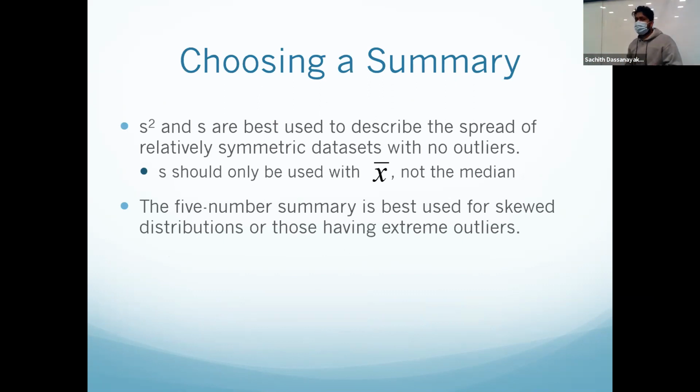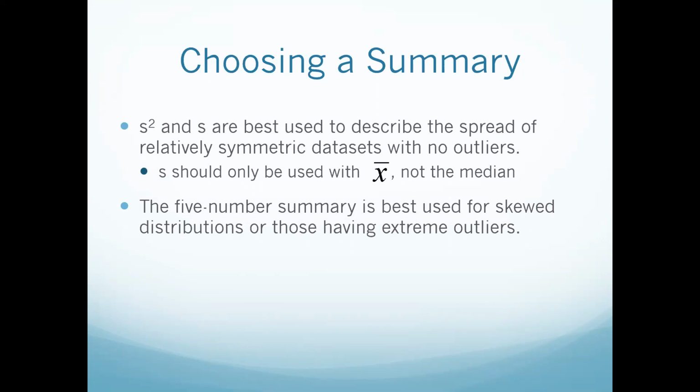X bar and S, they give better performance if we have a symmetric or approximately symmetric distribution. But if we have a skewed distribution, those results, X bar, S squared and S, can be biased because of the outliers.